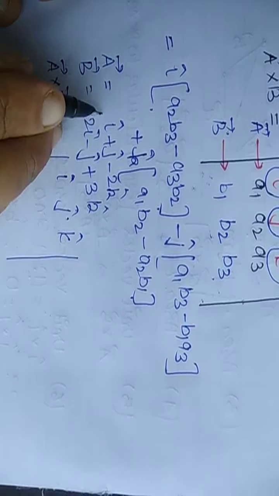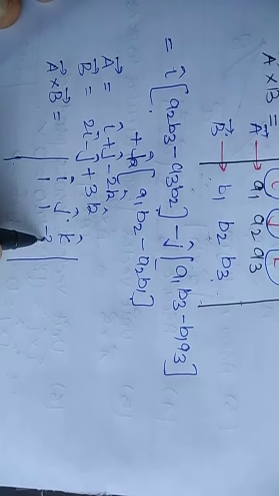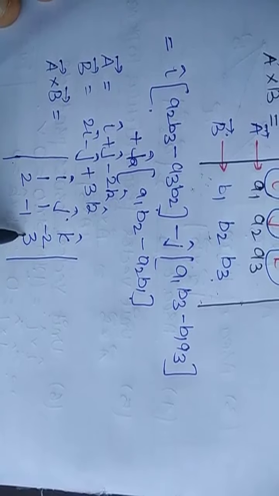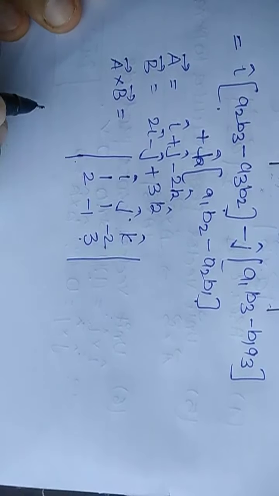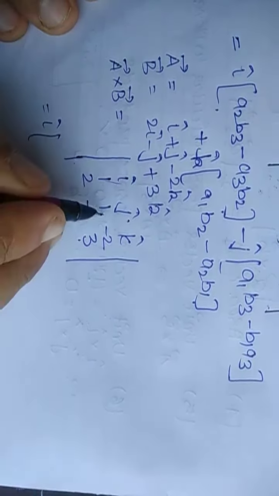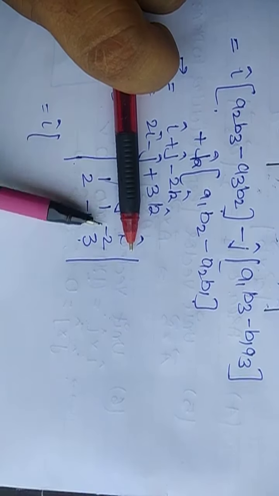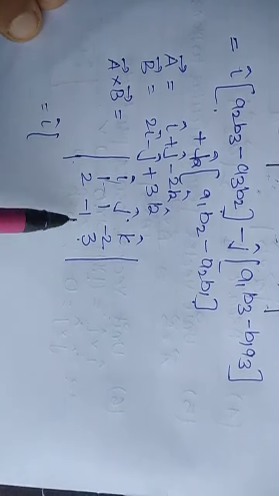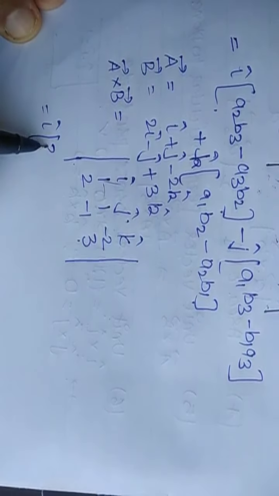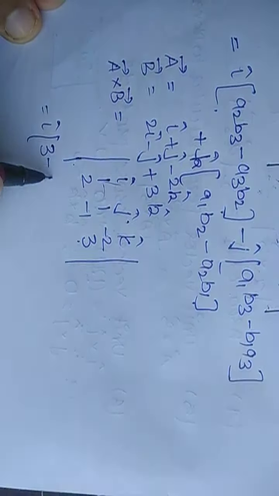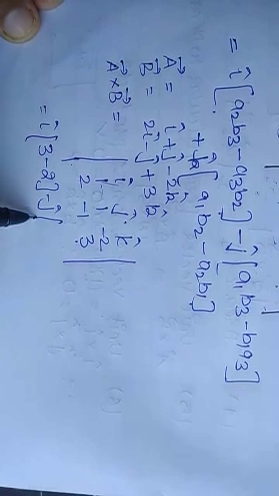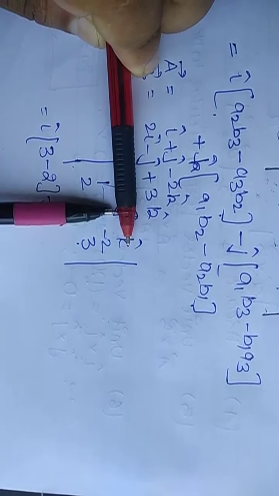As I told you, first will be a cross b. So 1 1 minus 2, 2 minus 1 3. Now to solve this, you will write i cap. Then again look at this, four numbers are visible. This multiply minus this, so 3 into 1, 3, minus minus plus, again minus 2, then minus j cap, again four numbers.